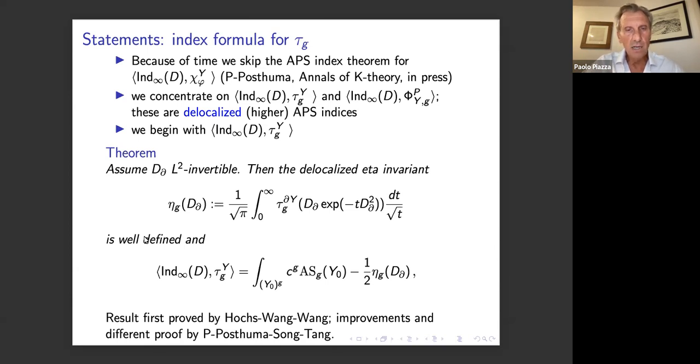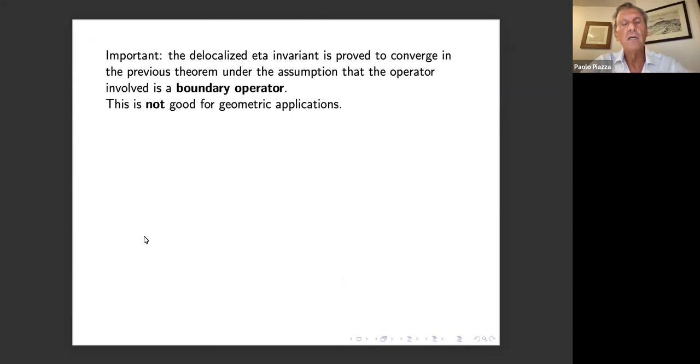Notice that it's a difficult result to show that the eta invariant is well defined. Here, the well-definedness of the eta invariant comes from the proof of the theorem. And it's only true here if we have a boundary operator, because we really use the proof of the theorem to assert the convergence of the integral.